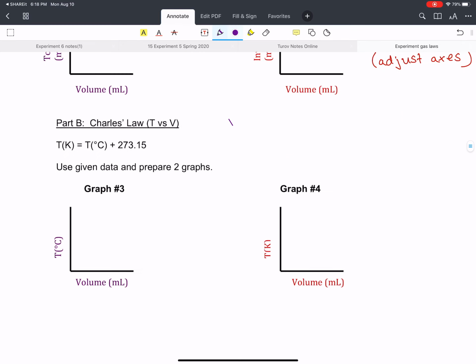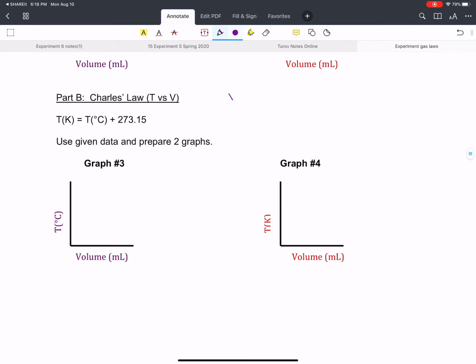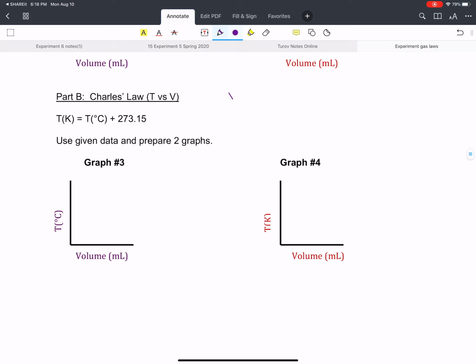In part B, we're investigating the relationship between temperature and volume. And again, you have data provided to you, but the data that you're given is in degrees Celsius, so we also need to convert it to the temperature in Kelvin in order to understand and be able to prepare the plots that we need to understand the relationships.